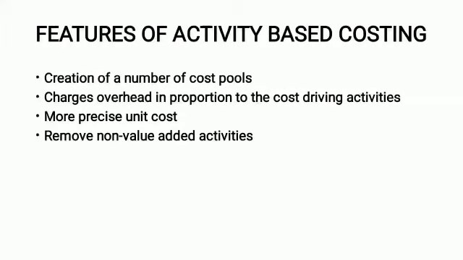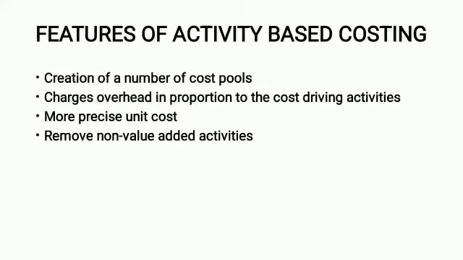The next feature is more precise unit cost. ABC costing enhances the traceability of overhead costs that result in more precise unit cost data for management. The next feature is that it removes non-value added activities.